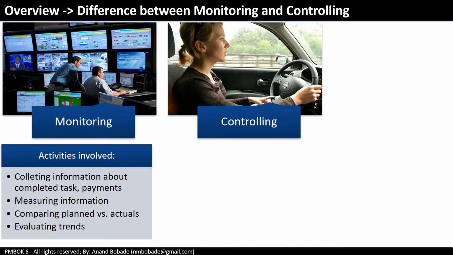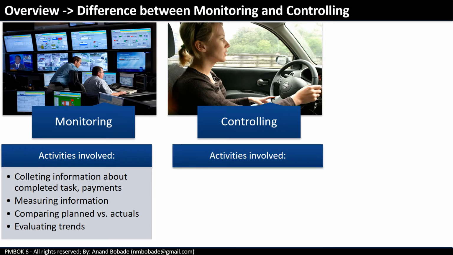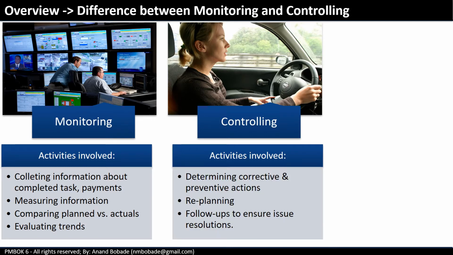So what are the activities involved in controlling? Controlling helps the project manager to determine corrective and preventive actions. It's about replanning. For example, if a primary risk mitigation fails, then what's next? Maybe you need to execute a fallback plan. Follow-ups to ensure issue resolutions.